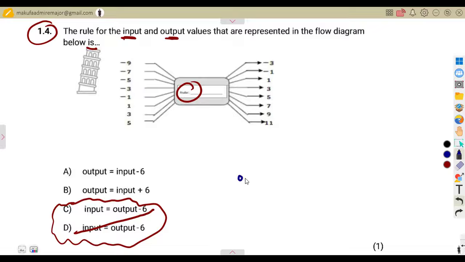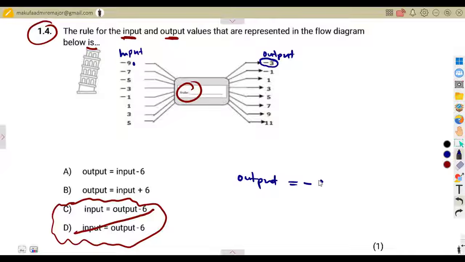So let's check what we have. If we take the output, they are saying input minus 6. This is your input here, the ones that you have in the beginning. Then the end values are your output values. So how do I get minus 3? Because minus 3 is on the output. The input corresponding there is minus 9.